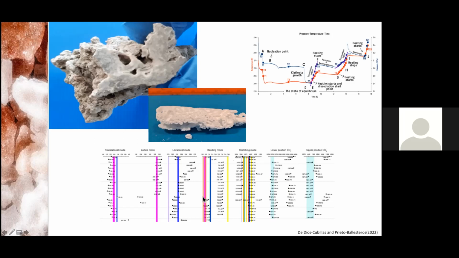Below you have, maybe you cannot see anything, Raman measurements of the different molecular vibrations for carbonates and for the CO2 molecules of the clathrate that indicate the evolution of the phases during the experiment. We're still exploring the planetary implications of clathrites, so maybe I can tell you more about this in the future.